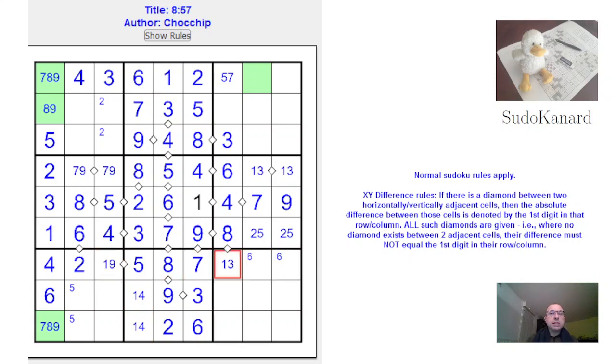We need a 6 here. And this is a 1 actually, with this 3 here, so that this is 9, and this is a 3-6 pair. So this 7-9 pair is resolved. That's not the 9.